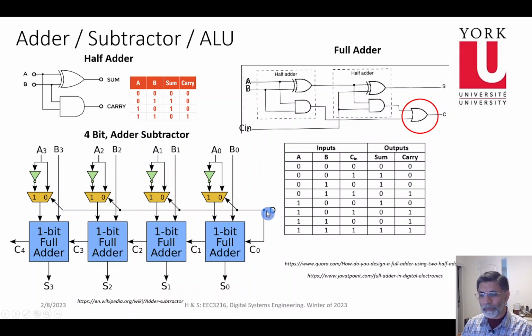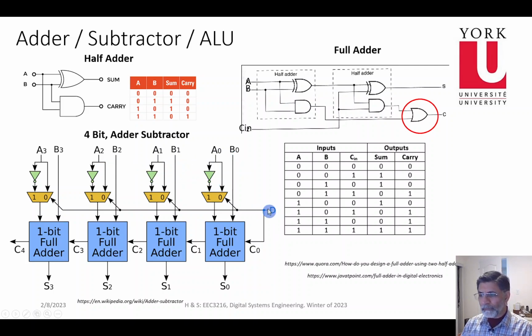So when D is 1, you can see all the bits get inverted from A, because we are using an inverter in that case, and we have the inverted bits of A0 to A3 here. And because D is also a carry input, that is going to act as the plus 1. So in case you want to do subtraction, you would assert D as 1 and your result will be B minus A, because A is the one which is getting inverted.